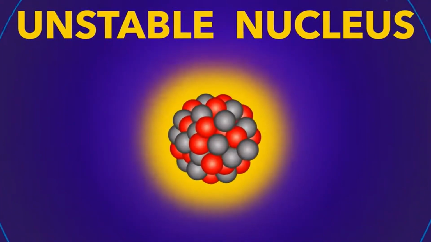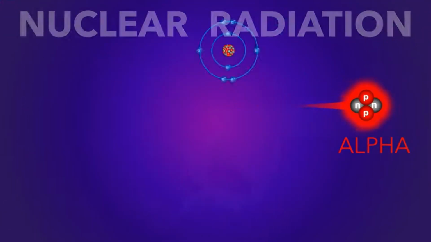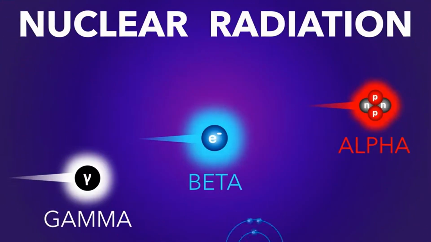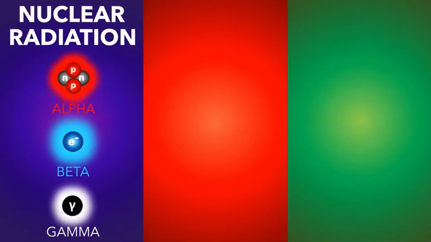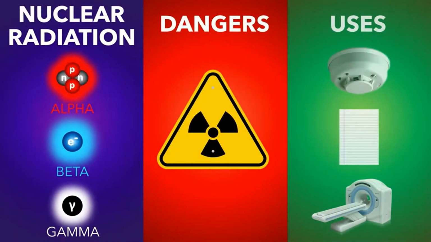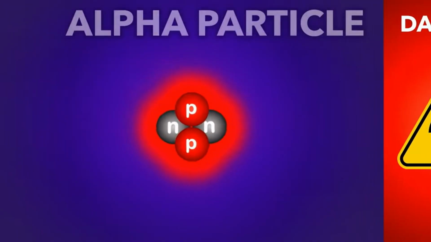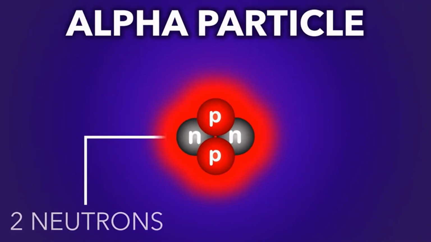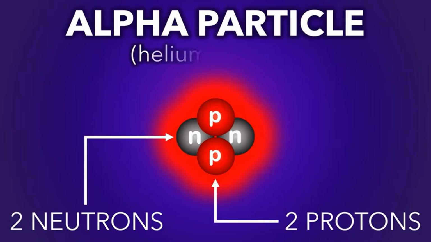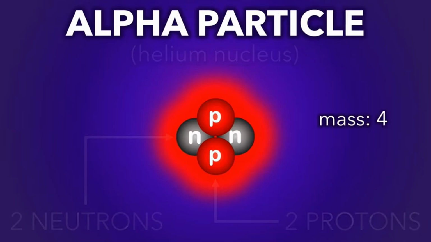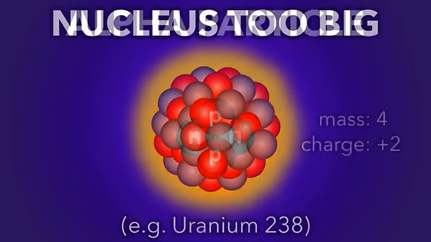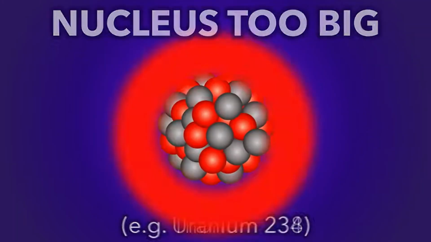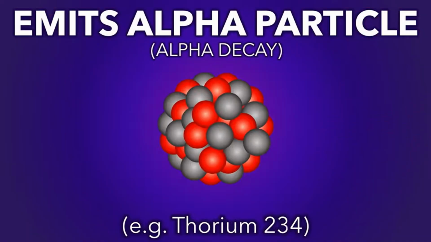When an unstable nucleus decays, it fires out alpha, beta, or gamma radiation. What are the three types of nuclear radiation, and what are the dangers and uses? Firstly, an alpha particle, made of 2 neutrons and 2 protons, basically a helium nucleus with a mass of 4 and a charge of +2. When a nucleus is too big, it emits an alpha particle to become smaller.